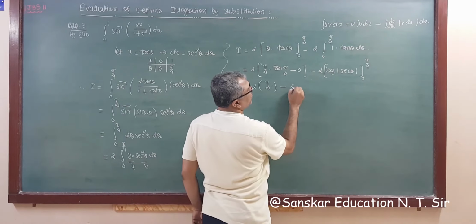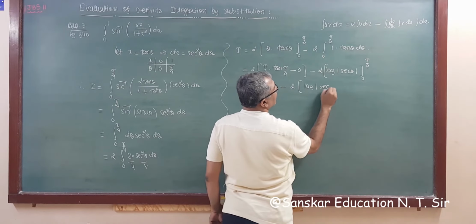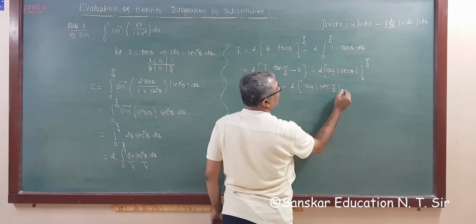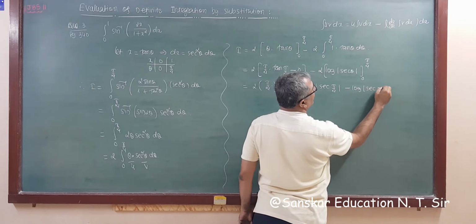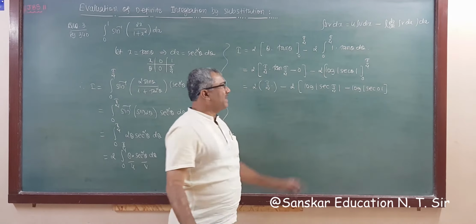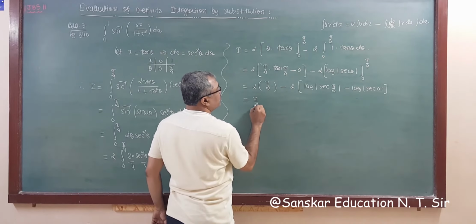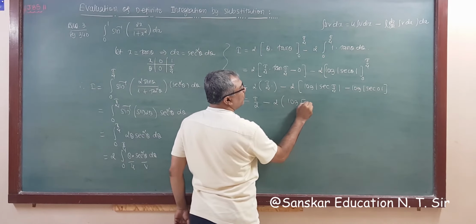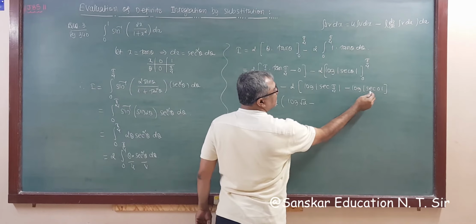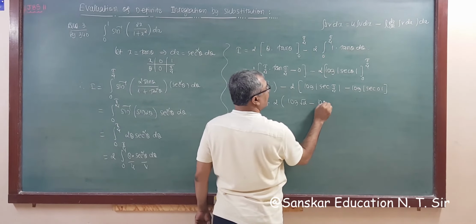Right? Minus 2, substituting the upper limit: this is log mod sec pi by 4 minus log mod sec 0. Now sec pi by 4 is root 2. So this will be pi by 2 minus 2 times (log root 2 minus log sec 0). Sec 0 is 1, so log 1.